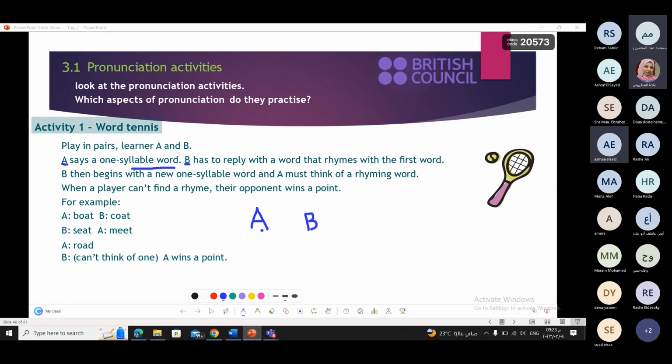Okay, Asma, you start. Cat. Cat, mat. Mat. Hat. I said Matt, like hat. I said hat. Oh, hat, I'm sorry, I'm driving.